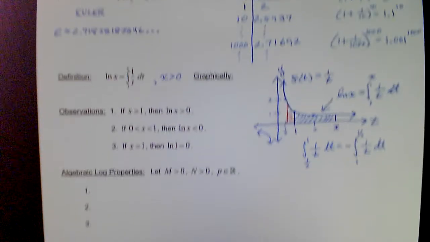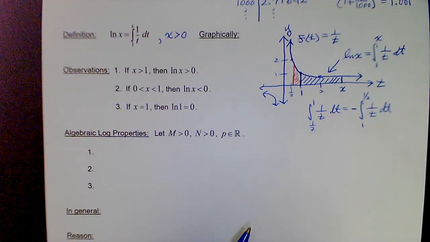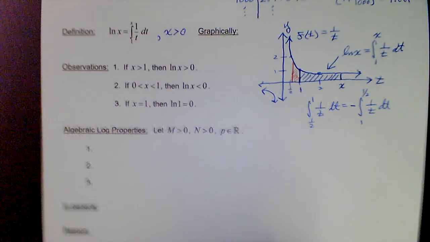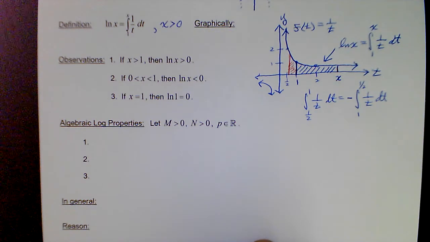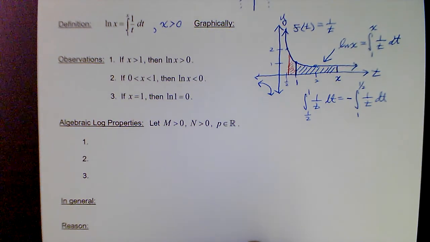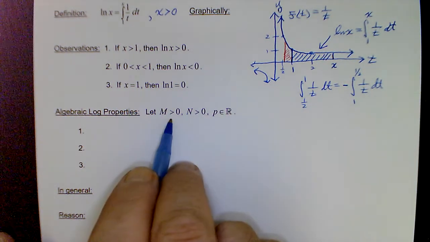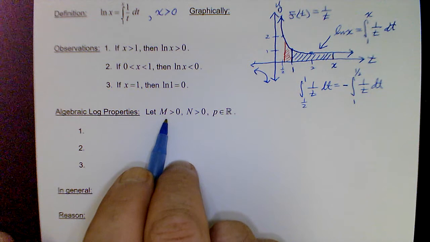So that's some formal theory that, although you might not be tested on it literally, is certainly something you want to know about. And then we get to the algebraic log properties. I'm going to state them with respect to the natural log, because that's what we're going to be dealing with exclusively.